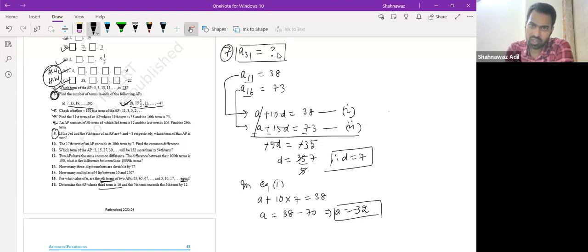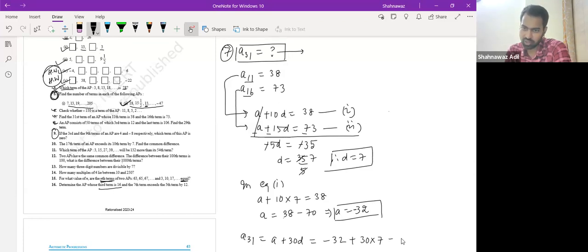So then we can now calculate what is A31. What would be A31? Amira, A31 is A plus 30D. And now we know A and D. So A is minus 32 plus 30 into 7.